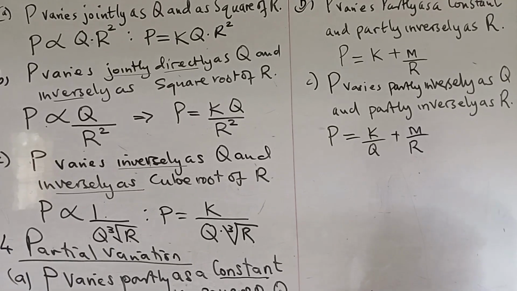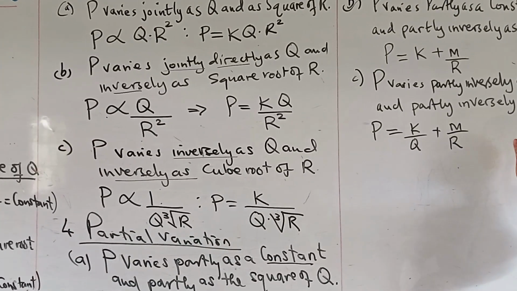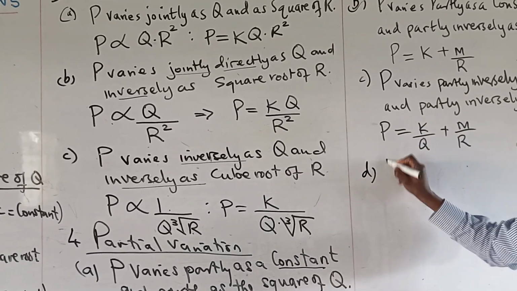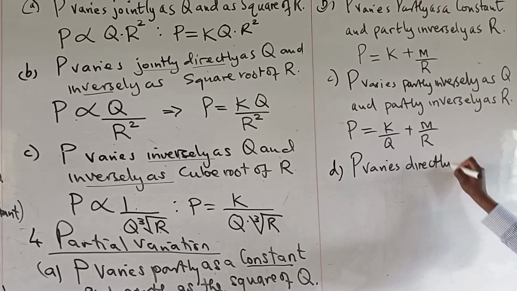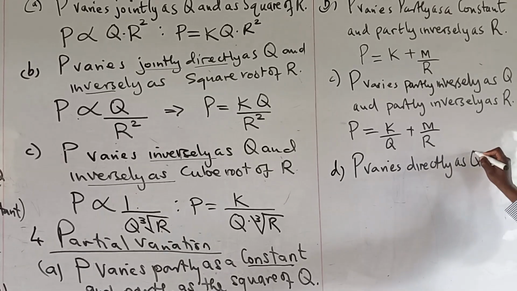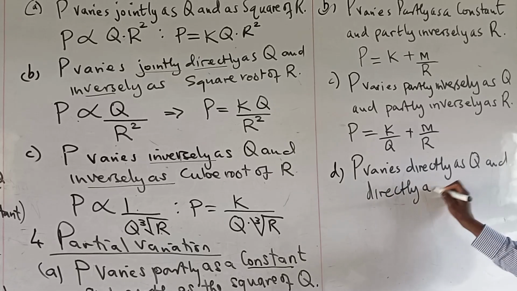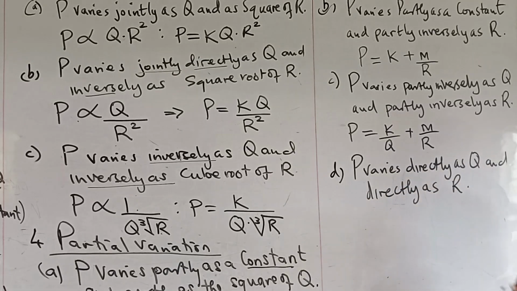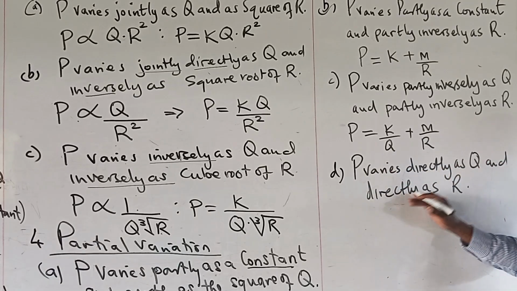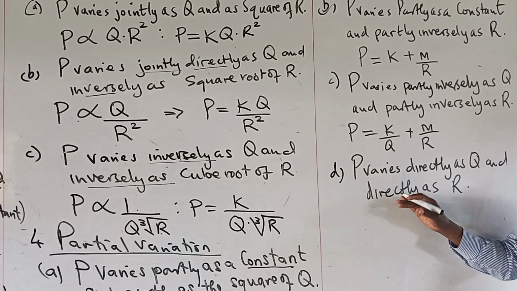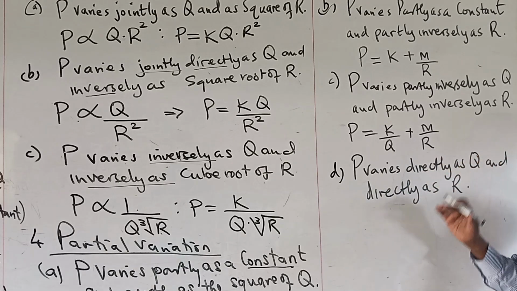Maybe there is only one which we have missed, and that is double direct variation. Maybe D. We talk about P varying directly as Q and directly as R. In this kind of a case, we may be given P varies as Q and as R. When the word directly is not placed, then we take it to be direct variation.